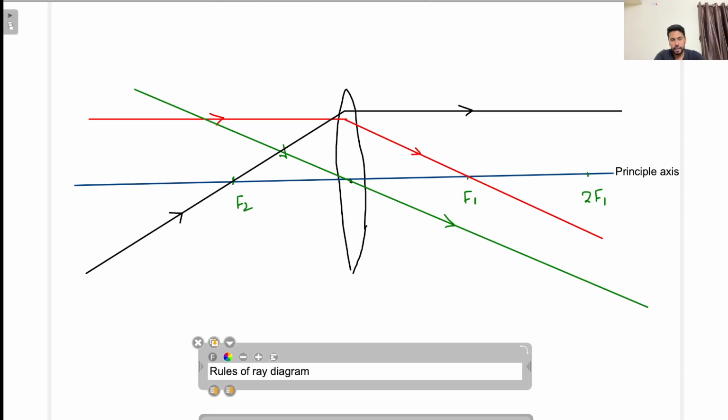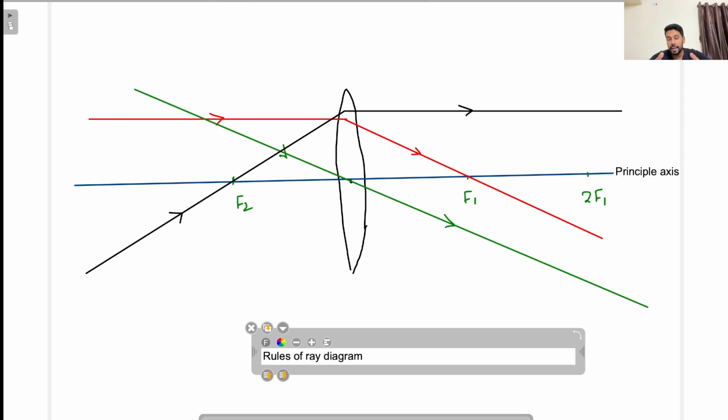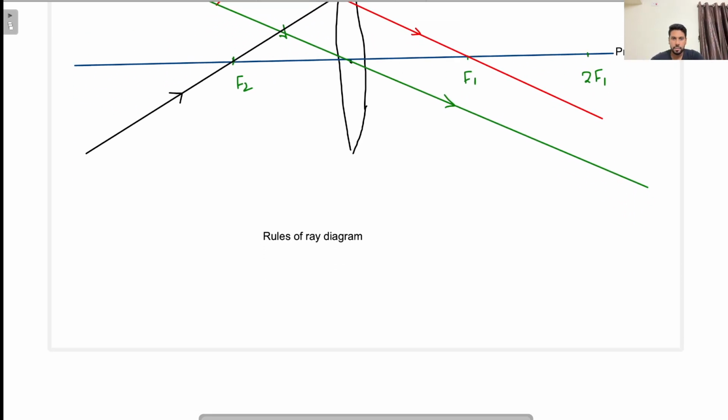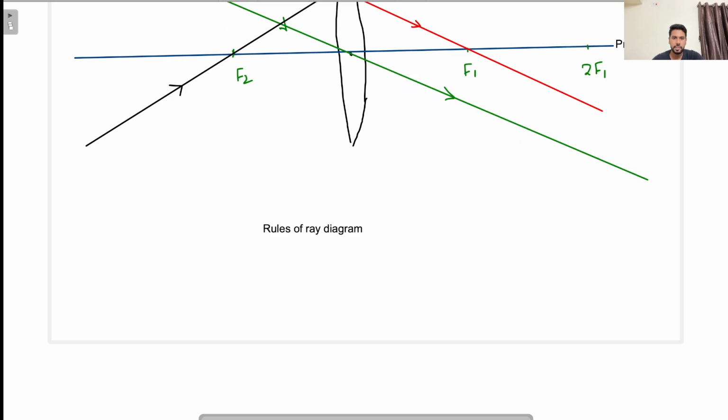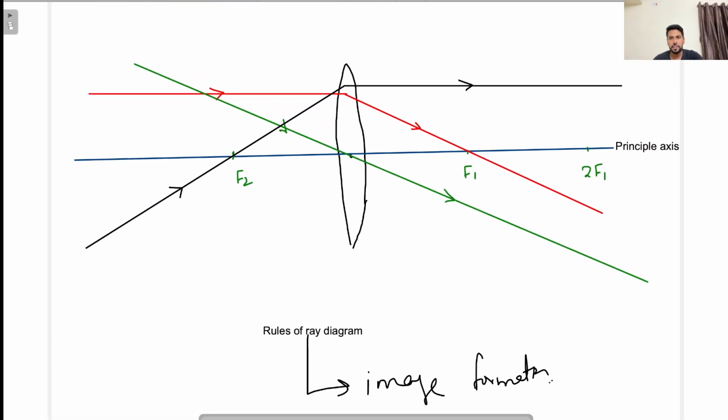Now these rules of ray diagram can be extended to image formation, and let us see how it exactly happens.